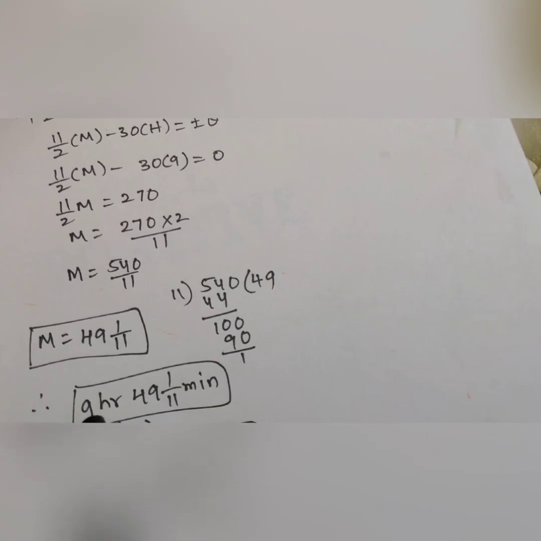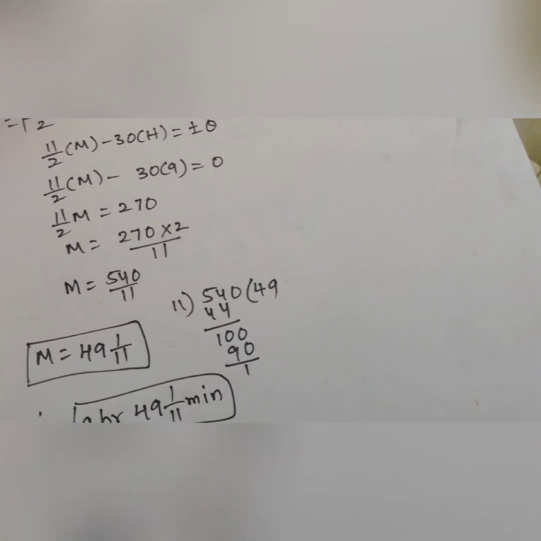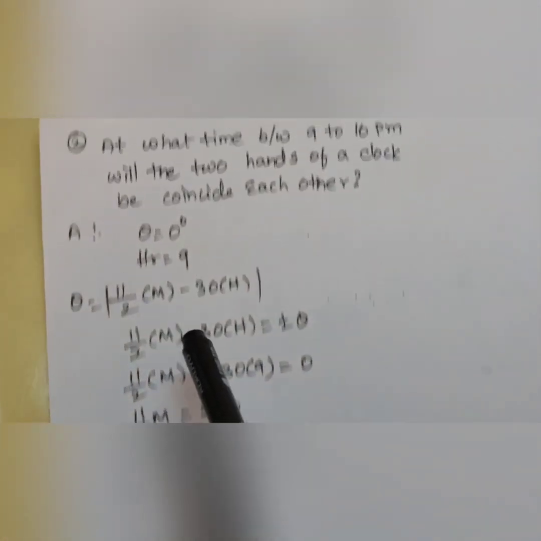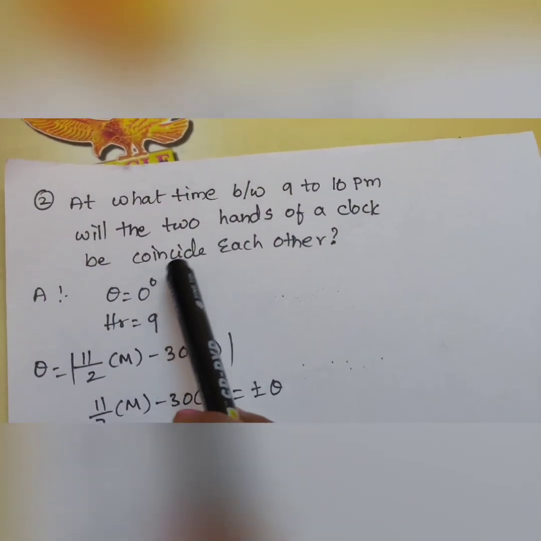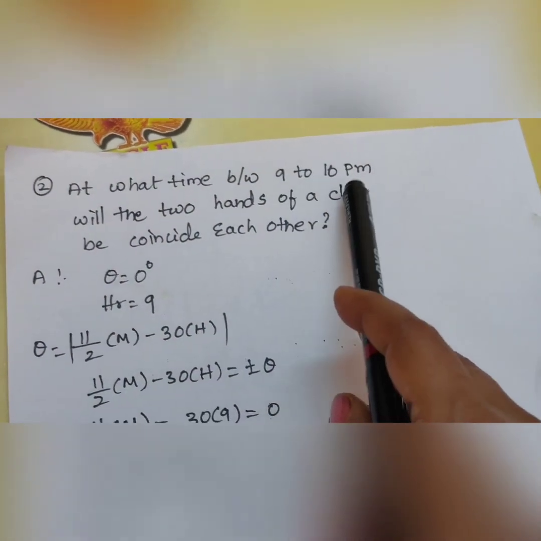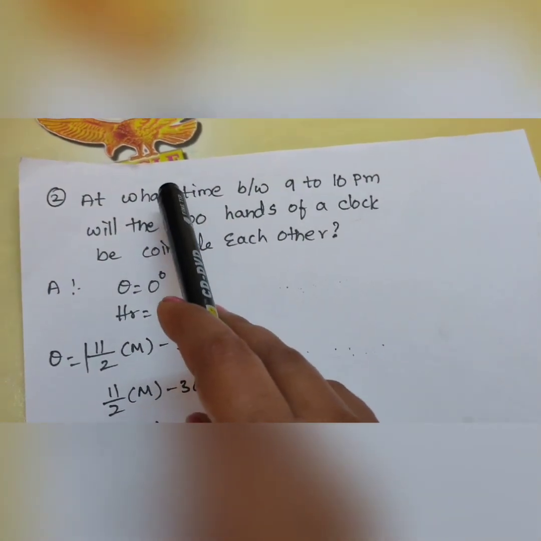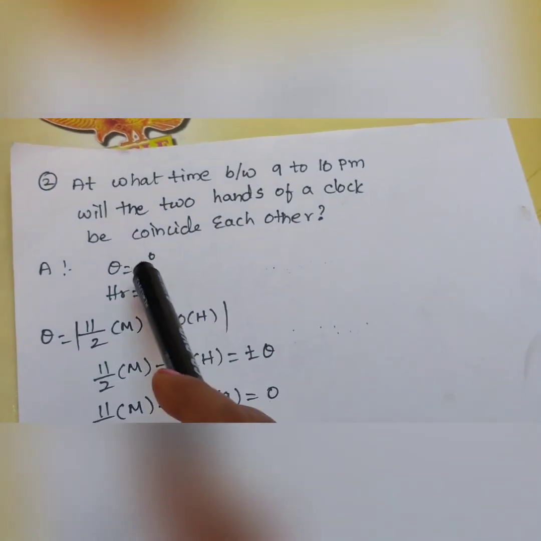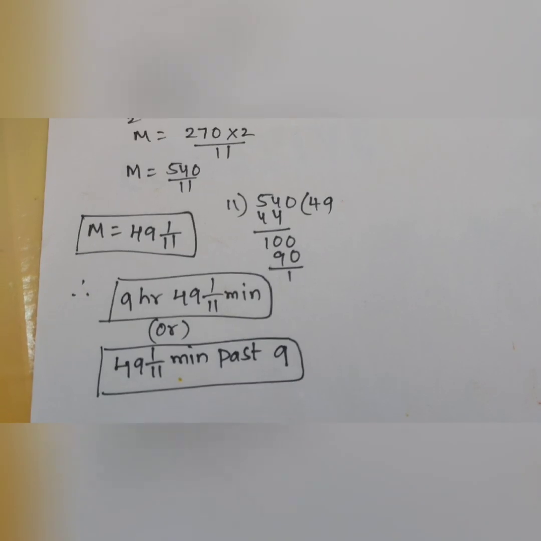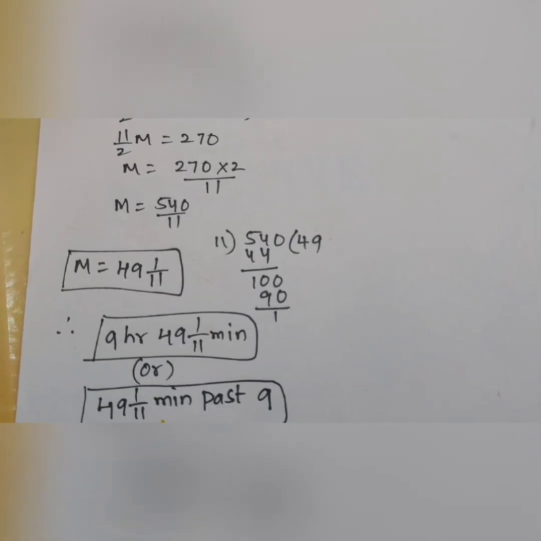So finally, what is the exact time here? 9 hours 49 and 1 by 11 minutes. At this time the angle is 0 degrees between 9 and 10 p.m. Like that we have to find the time, by taking the angle as 0 degrees. This is one of the questions they may give in a competitive exam.